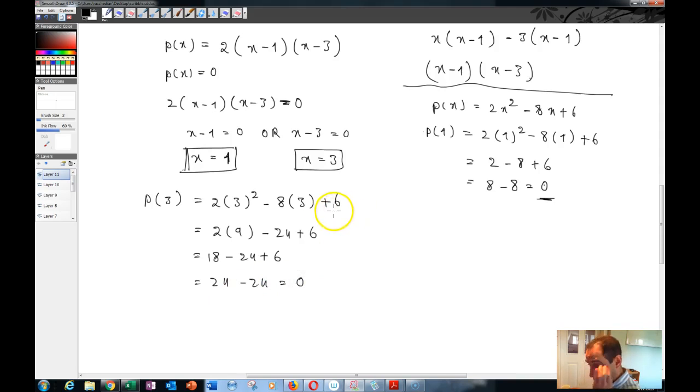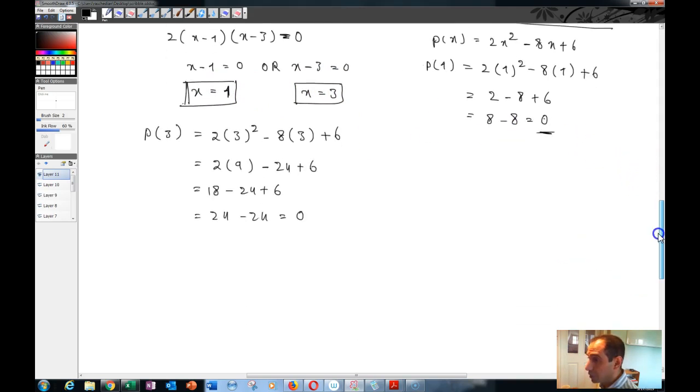Okay, so long story short, these are the zeros of your polynomial, and your polynomial was p of x equal to 2x squared minus 8x plus 6.